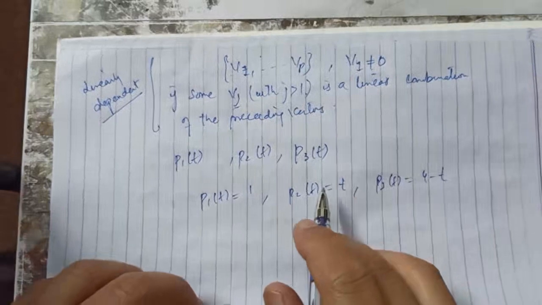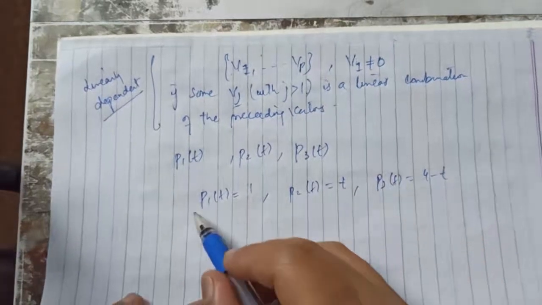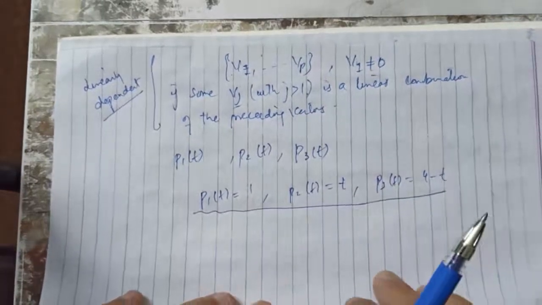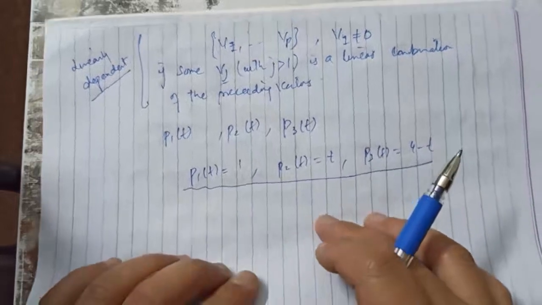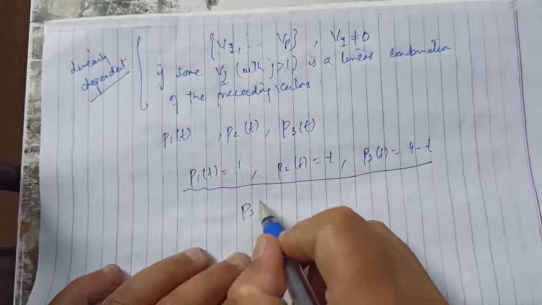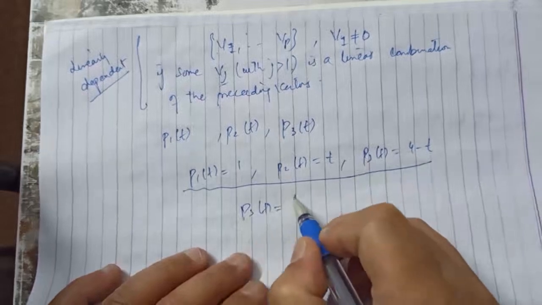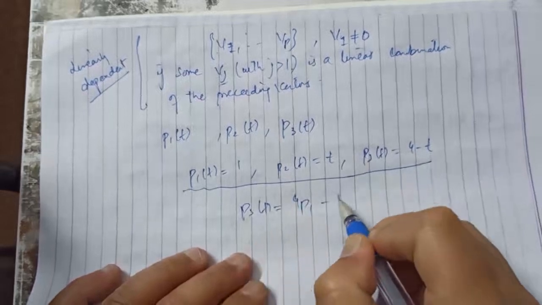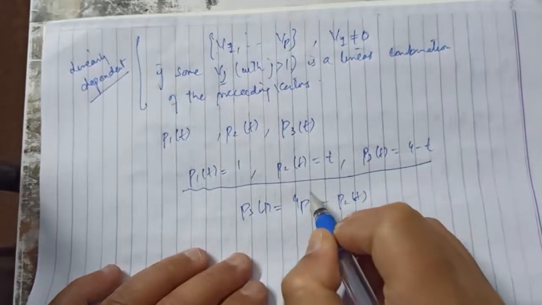So we can see here that if this is a set in a vector space, then p3(t) can be written as 4 times p1 minus p2(t), and this is t.